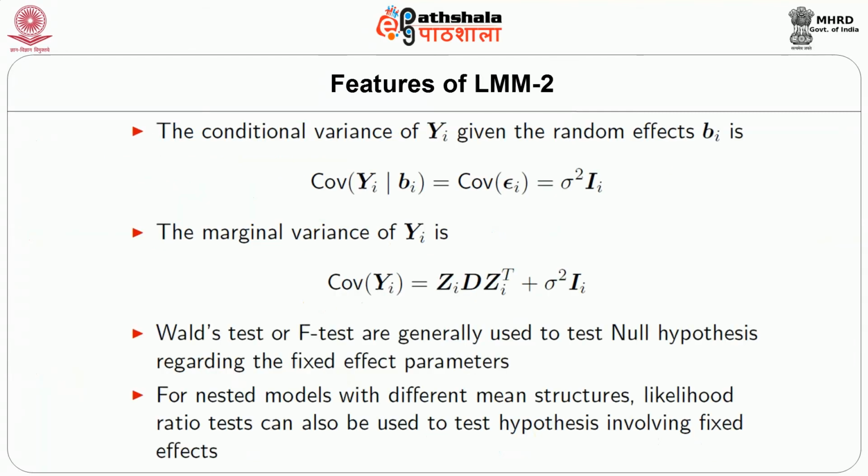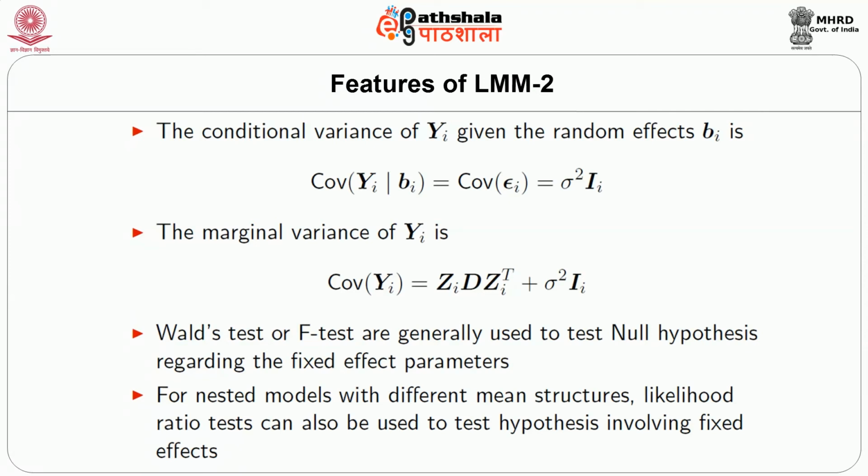Similarly, the conditional variance of yi is the covariance of yi given bi, and conditional on bi, the only variability we assume is through epsilon i. That means if bi is known, the only variability present in the data is due to epsilon i.